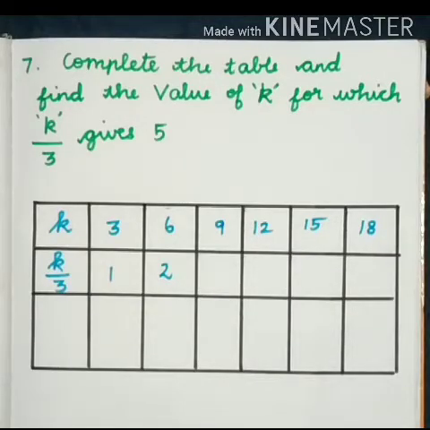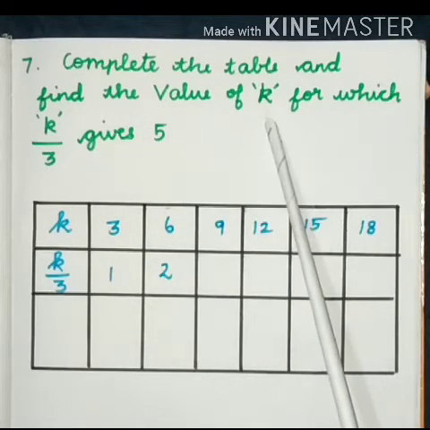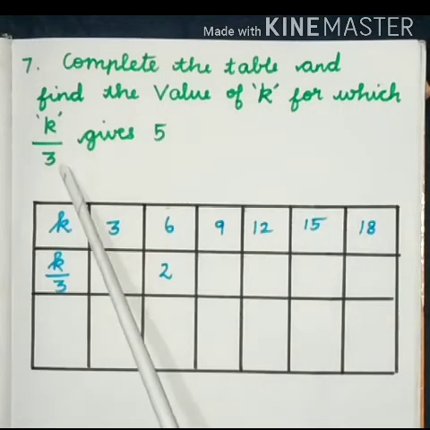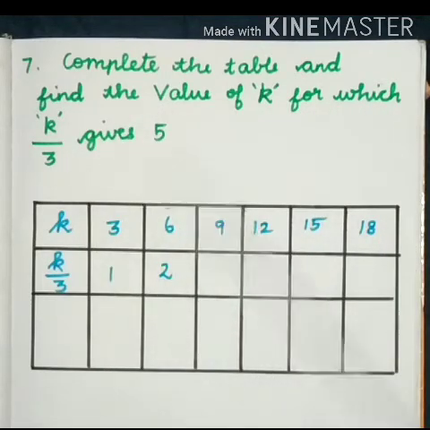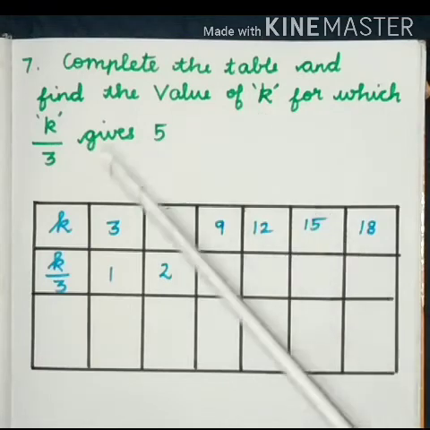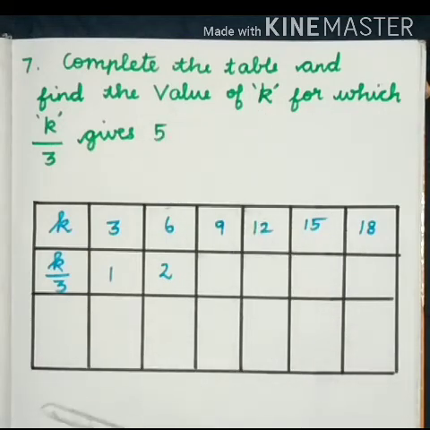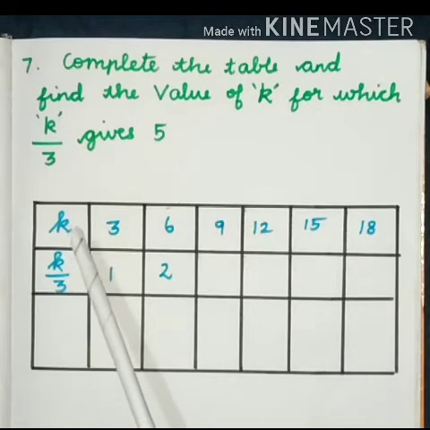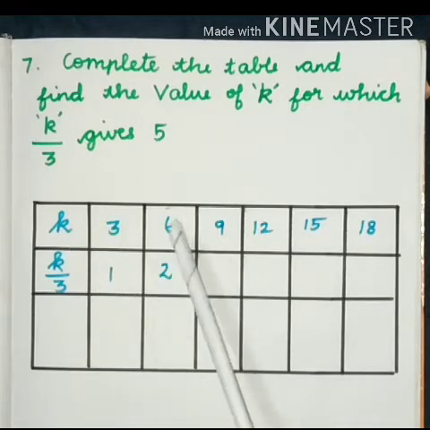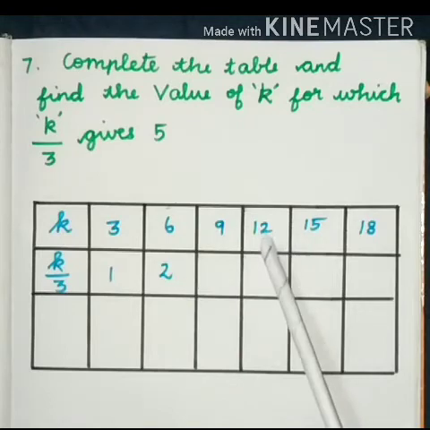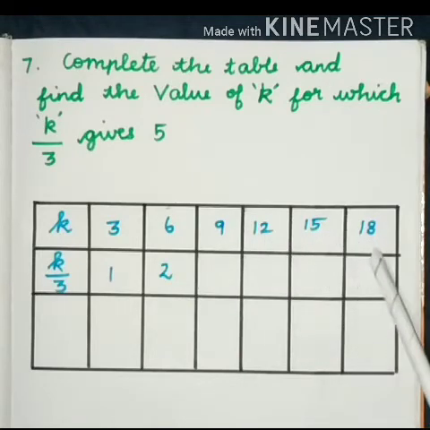Complete the table and find the value of k for which k by 3 gives 5. Here k is a variable. First you have to complete the table. Here the given values are k equal to 3, 6, 9, 12, 15, 18.